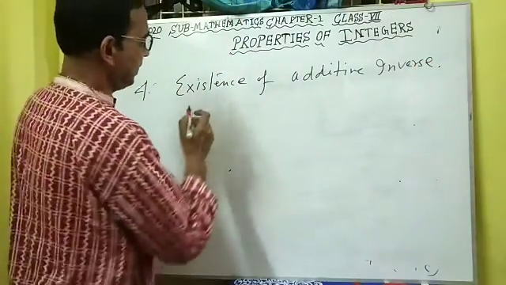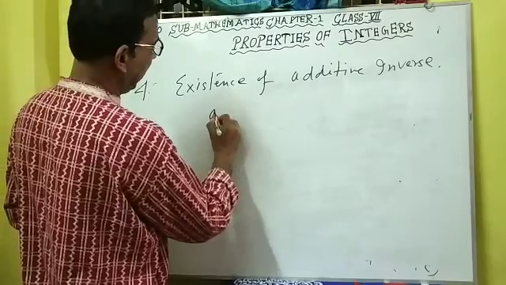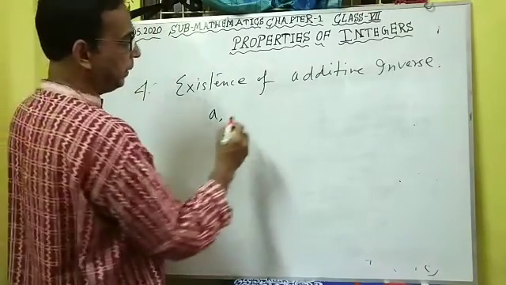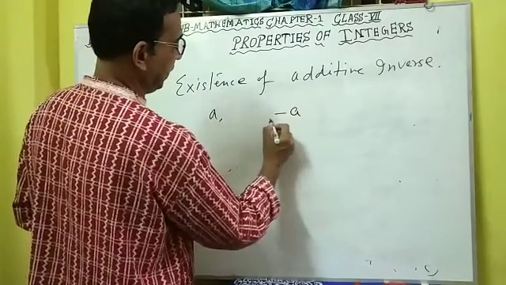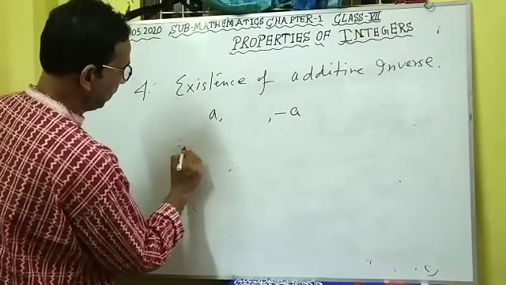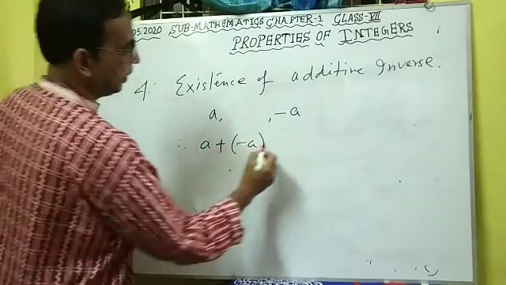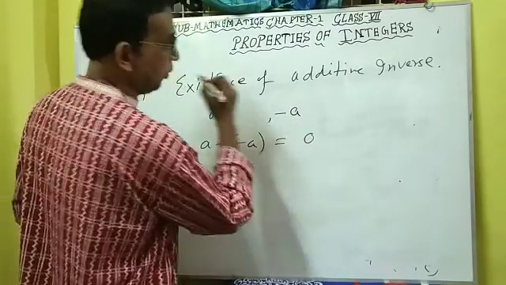For any integer a and its negative minus a, a plus (minus a) is equal to 0.